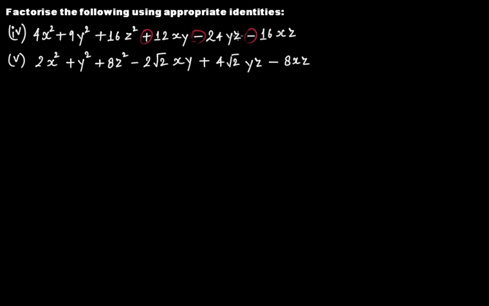the term containing the z variable has to be negative. I'll show you how. 4x squared, let's write it as (2x) whole squared, right?